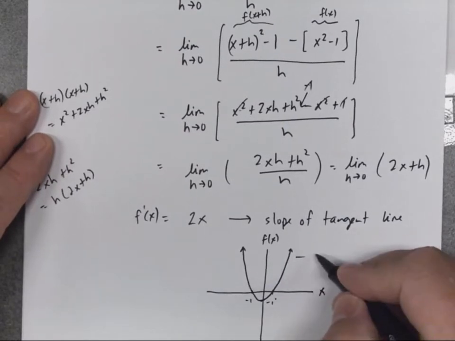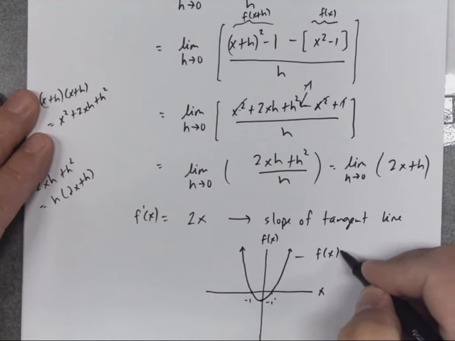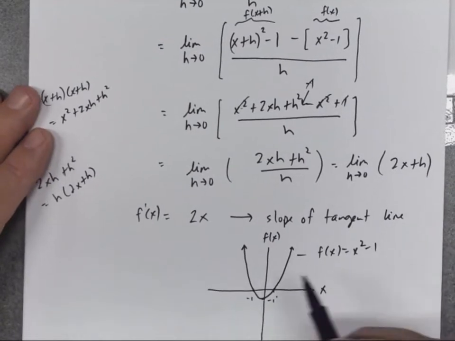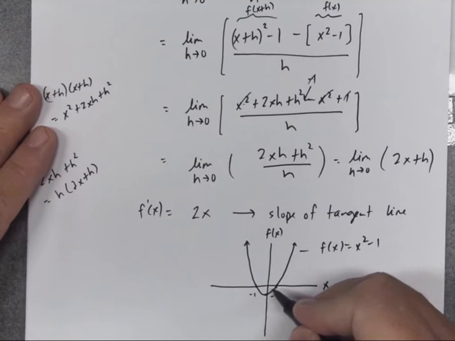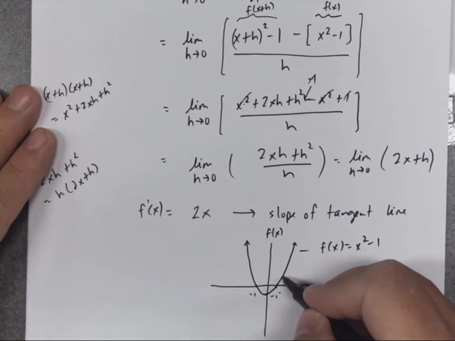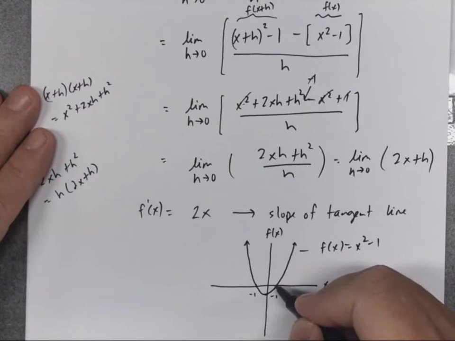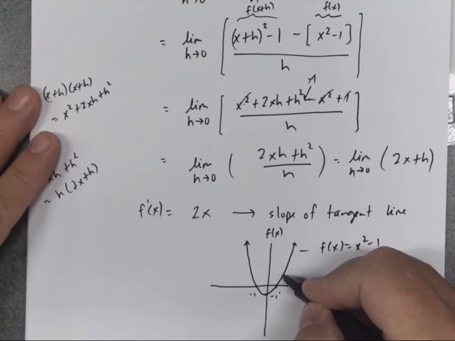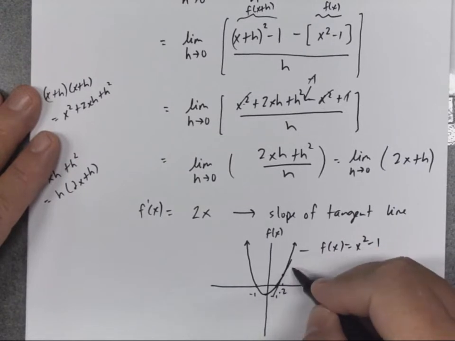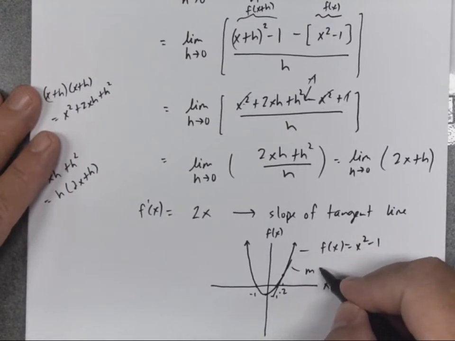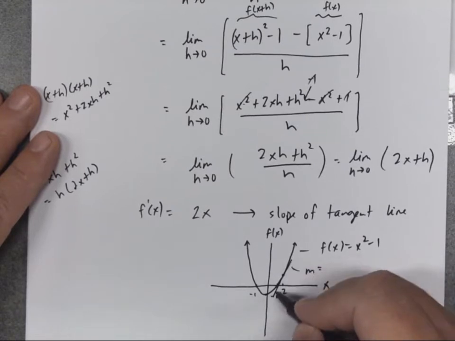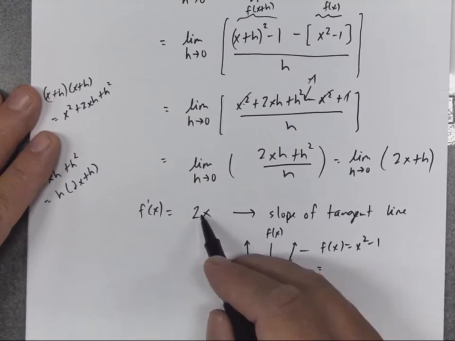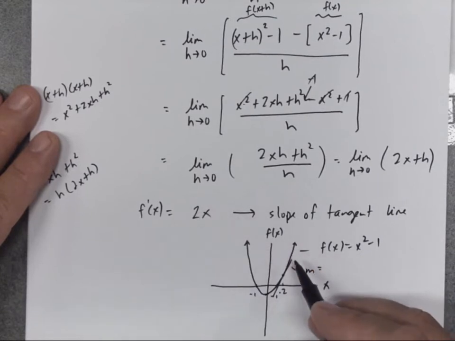So this right here is the function. What this is saying is, if I choose any point on this curve and I draw the tangent line, so if I go to, say, x equals 2, and I try and draw the tangent line, I can find the slope of this tangent line because the derivative is the slope of the tangent line.